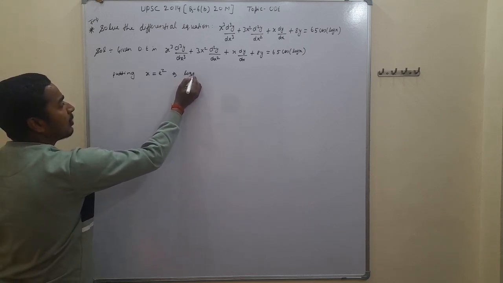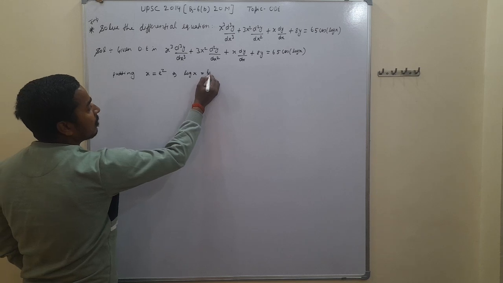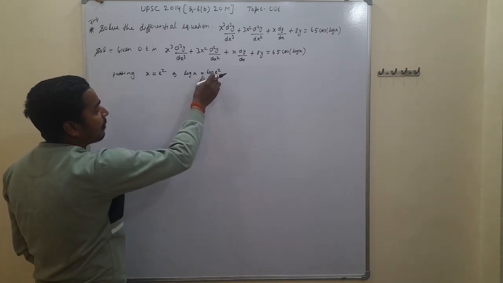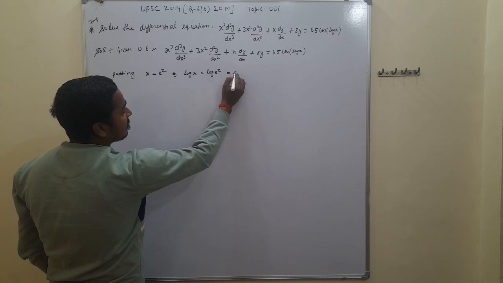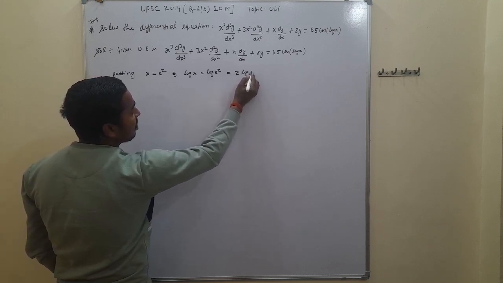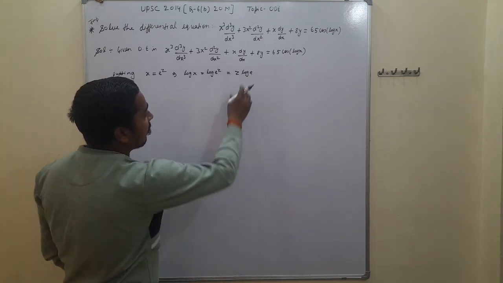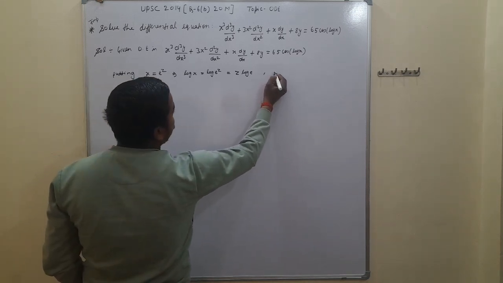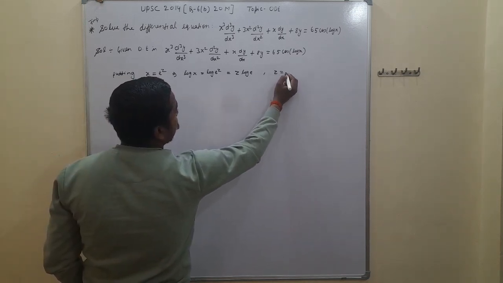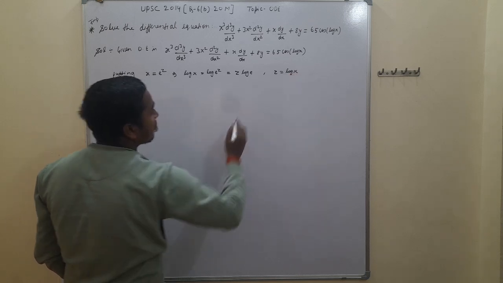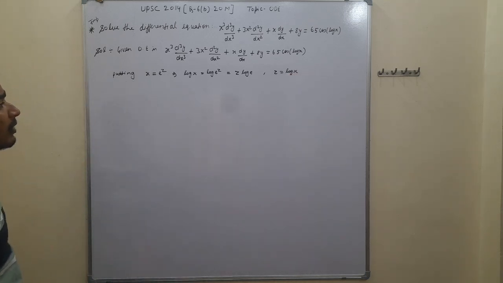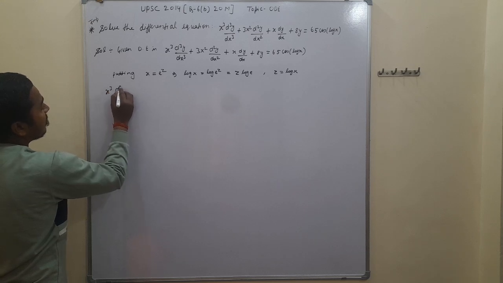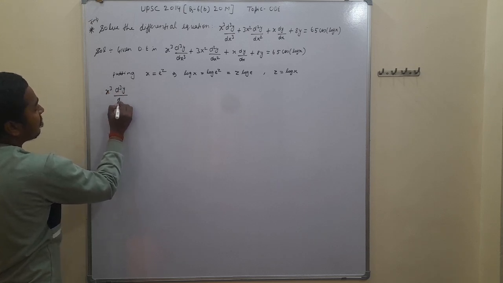This gives log x is equal to log e to the power of z, which is z log e, and the value of log e is 1, so z is equal to log x.